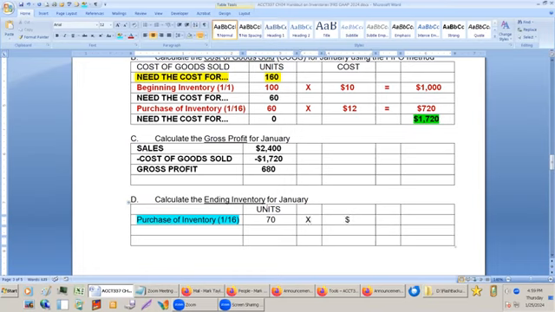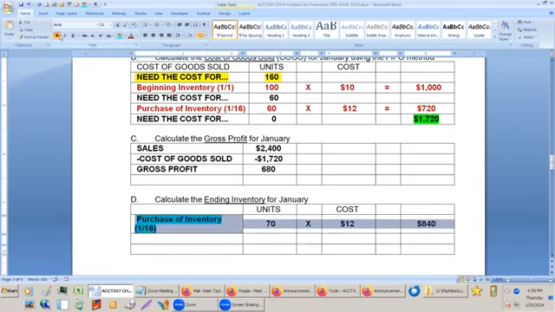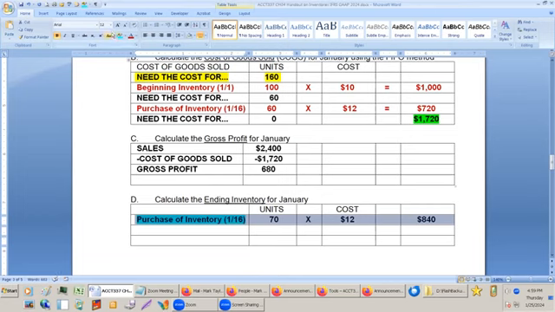And put in our new $12 cost. 840, I think. So this will be our ending inventory, what was not sold, and this will be our beginning inventory next time.